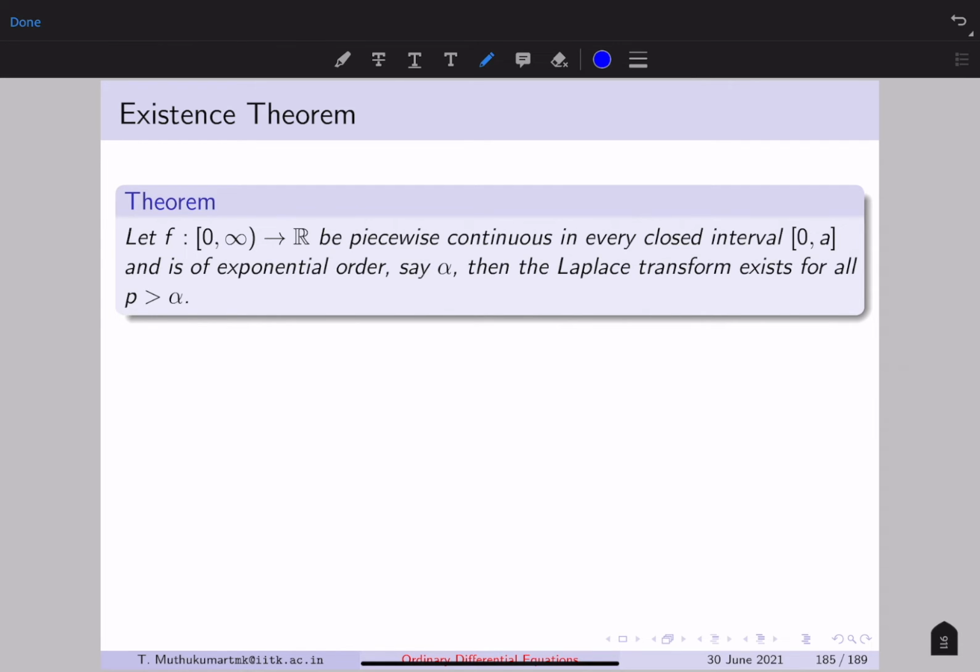So now let's come to the original theorem that we were interested in, that is the result. When do we have a Laplace transform?